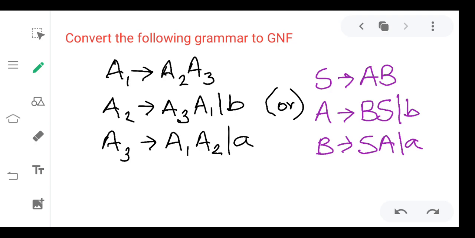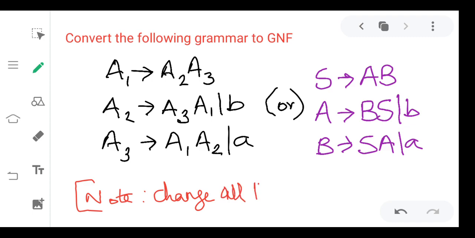Both the productions are similar, but whenever we apply Greibach normal form, we have to change all the variables into this subscript format, in Ai format.